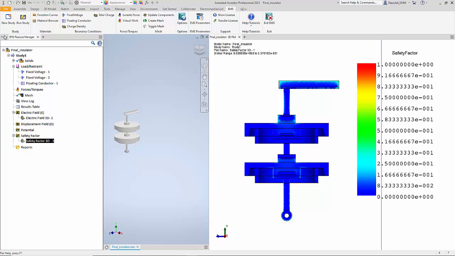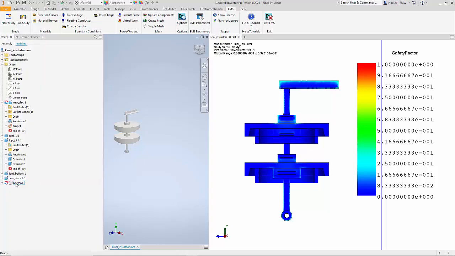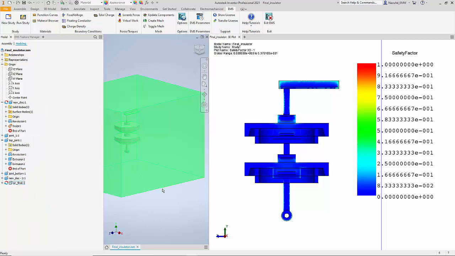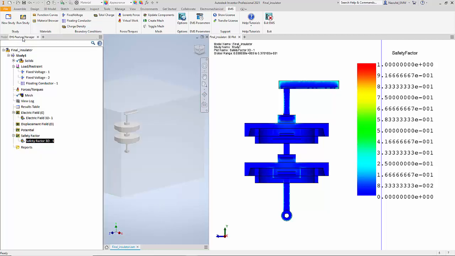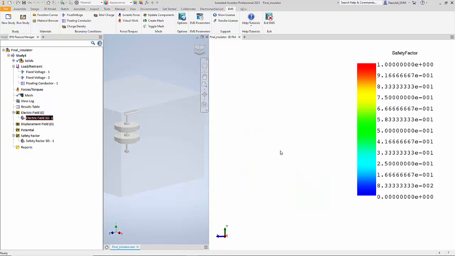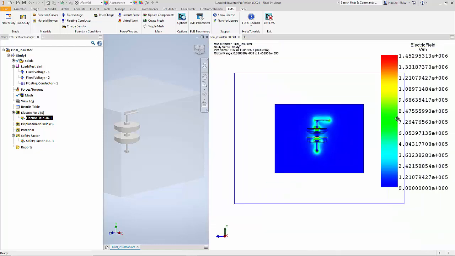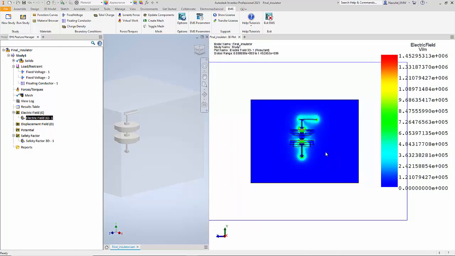Now we can do some interesting things. We looked at the electric field and safety factor distribution in the solid parts. Now let us go ahead and make the air geometry visible, and I can go to EMS and plot the electric field distribution when you also have the air region around it.